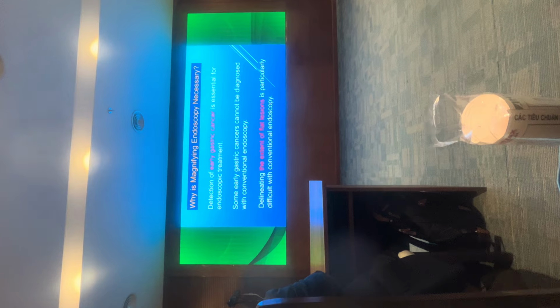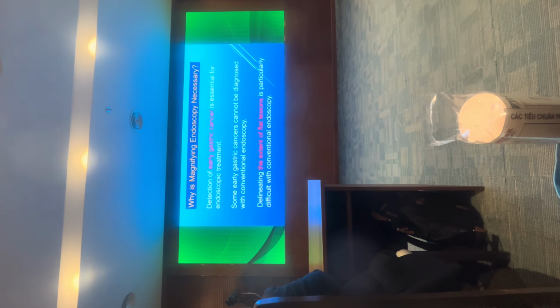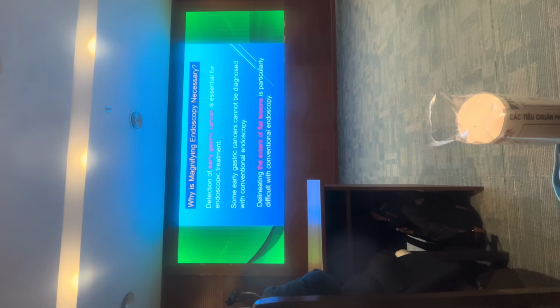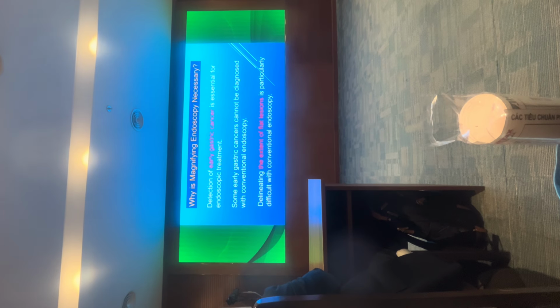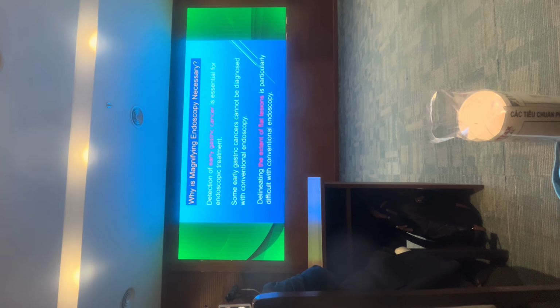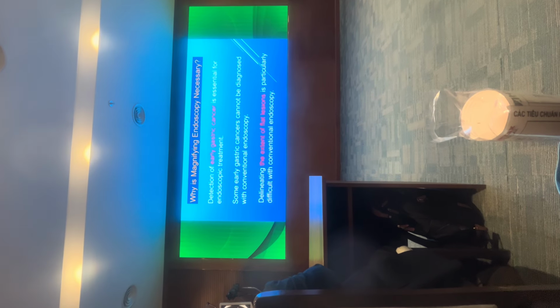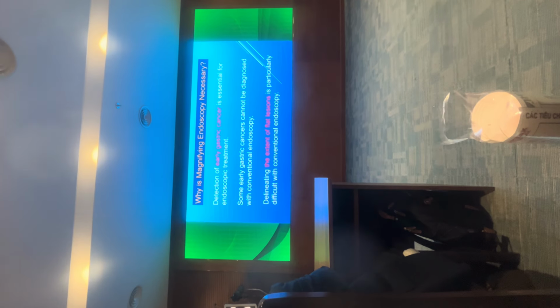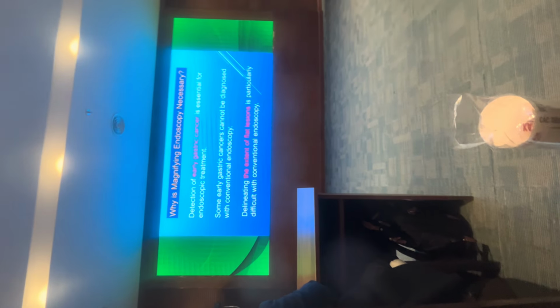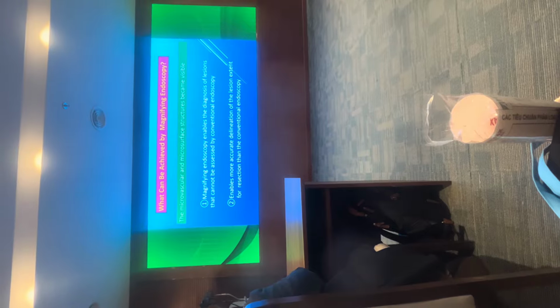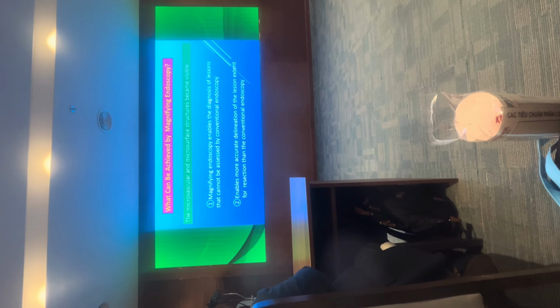Why is magnify endoscopy necessary? As you know, detection of early gastric cancer is essential for endoscopic treatment. Some early gastric cancers can't be diagnosed with conventional endoscopy, and delineating the extent of flat regions is particularly difficult with conventional endoscopy only. This is why we have to use magnify endoscopy.